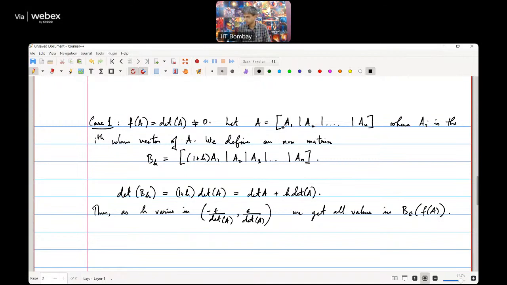Right. So as H varies in this set, this quantity is going to range from minus epsilon to plus epsilon. Okay, and therefore, when we look at these various BH, we will get all values in this open set.